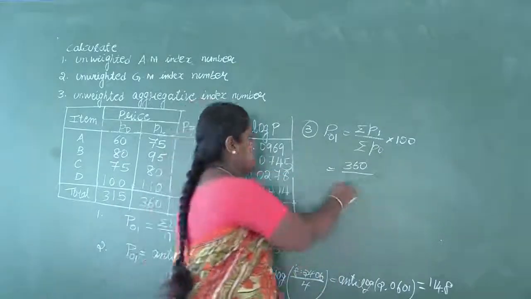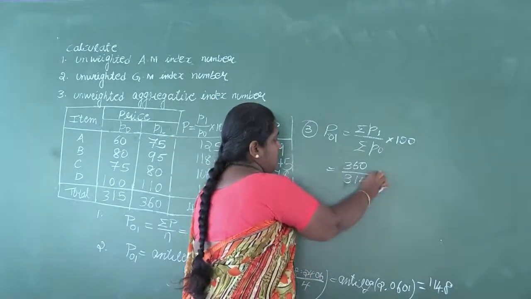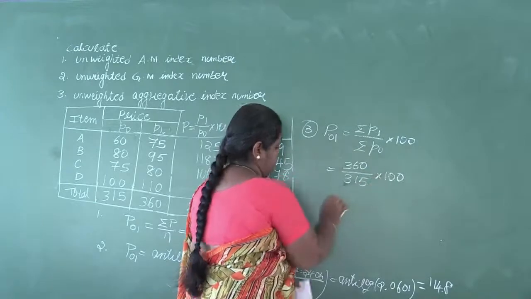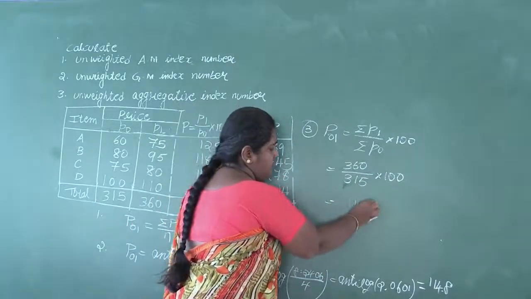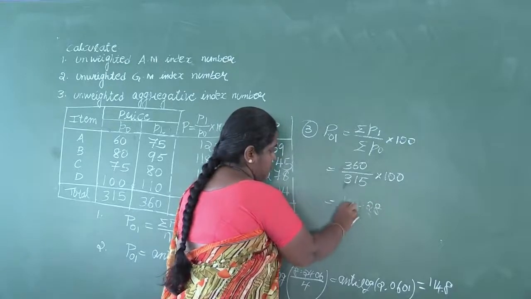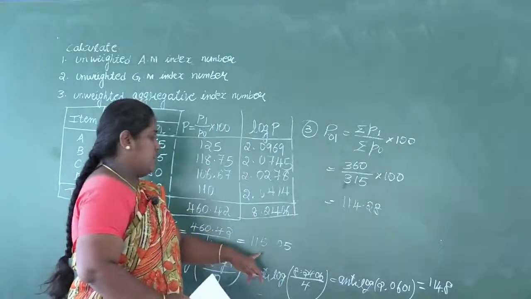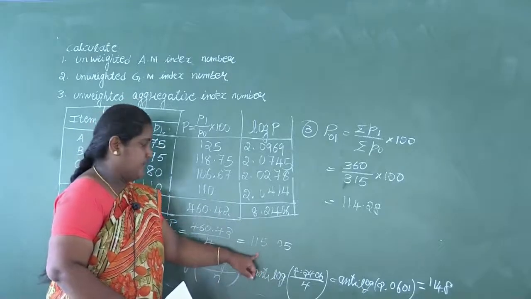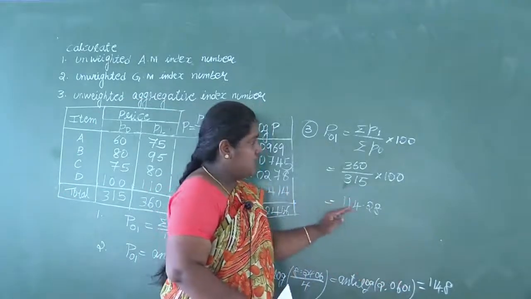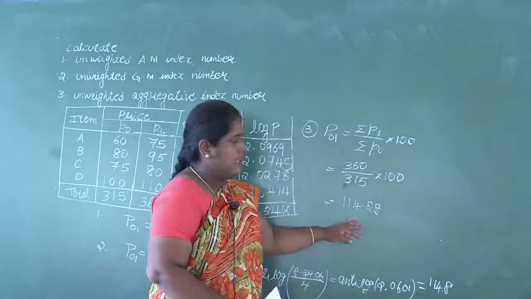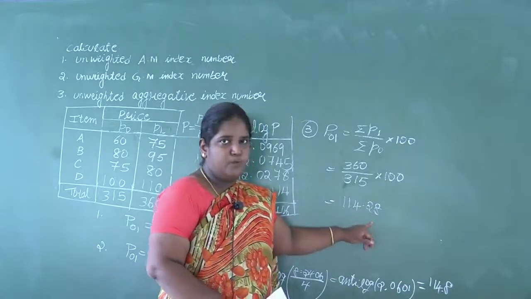So 360 divided by 315 into 100, which is 114.28.